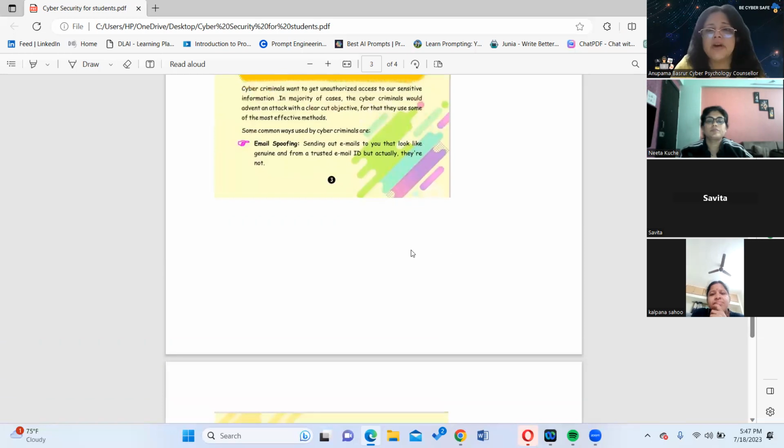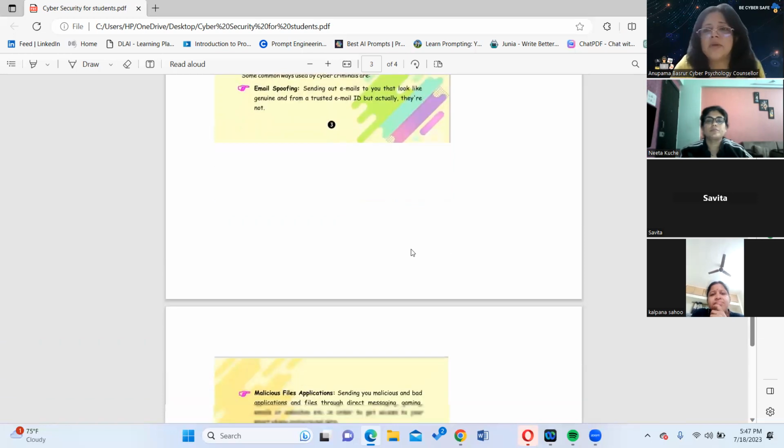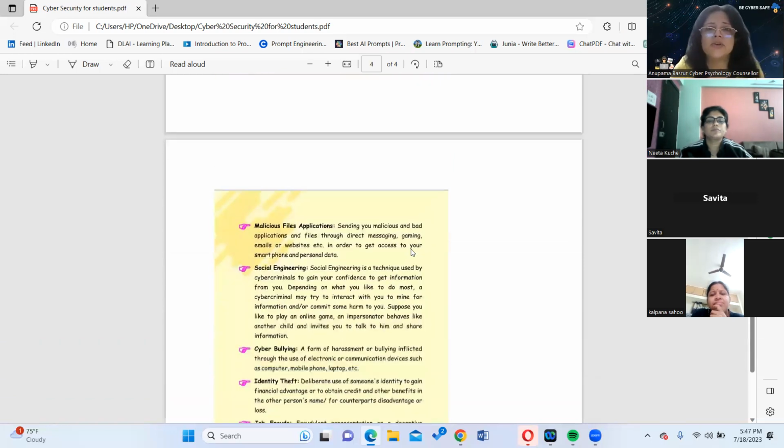Your child can be a victim of email spoofing, because normally when they go to their school websites for the homework that they get, they're likely to click on certain emails or links that may not actually be from their school, and they're too young to understand that these are not the actual emails from the schools.